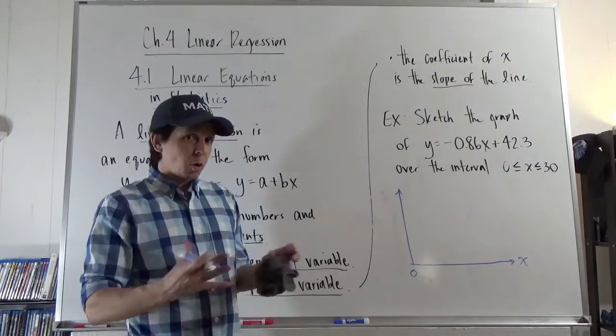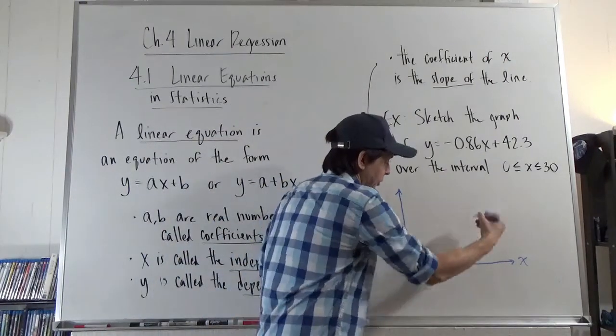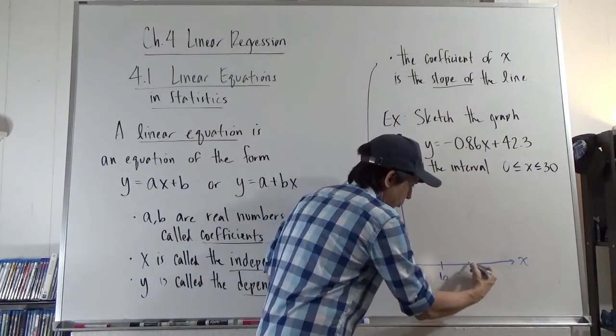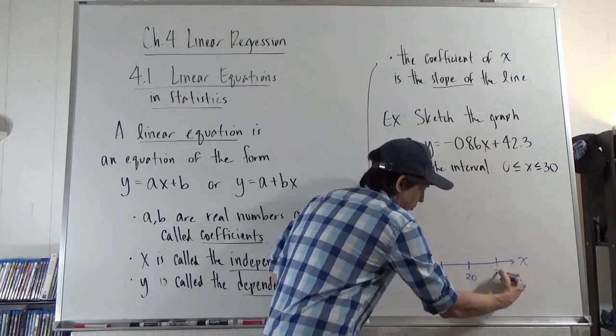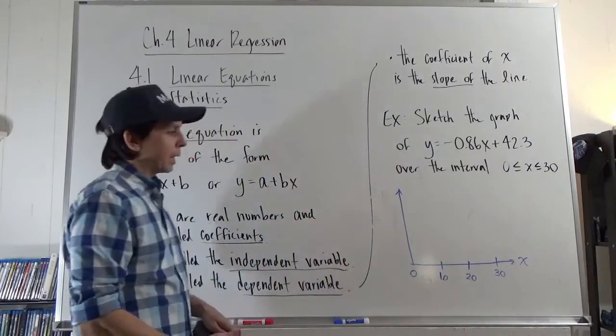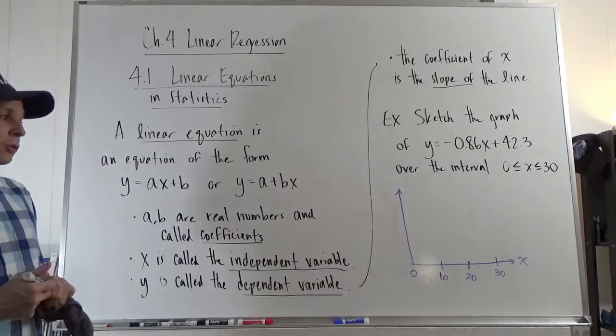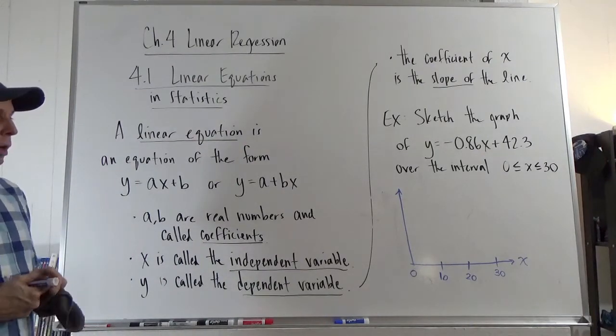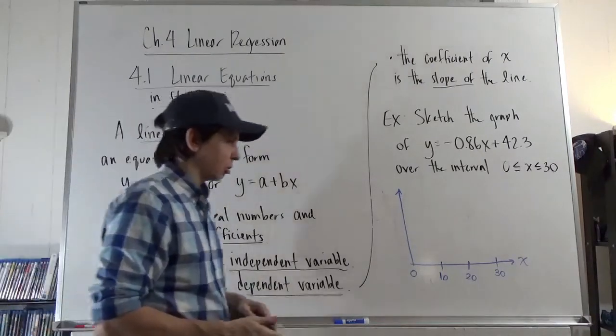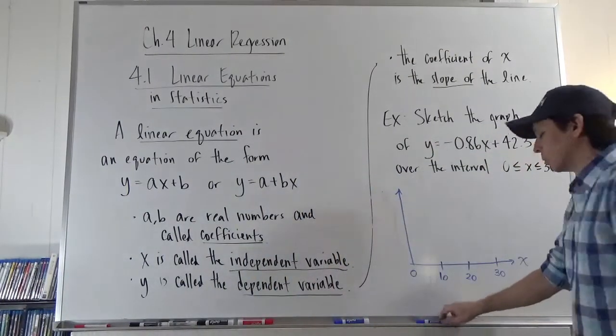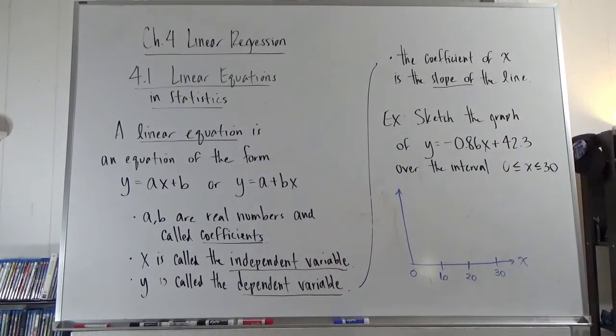If you're drawing it on your own completely, you would need to get up to 30. So I would go by 10s probably. So similar to what we did in previous box plots and things, you have to scale your own axis. But on the exam for this chapter, exam 2, I'll give you any set of axes that I want you to use. I don't want you making one on your own. If you have to do it on paper, you will have to though.